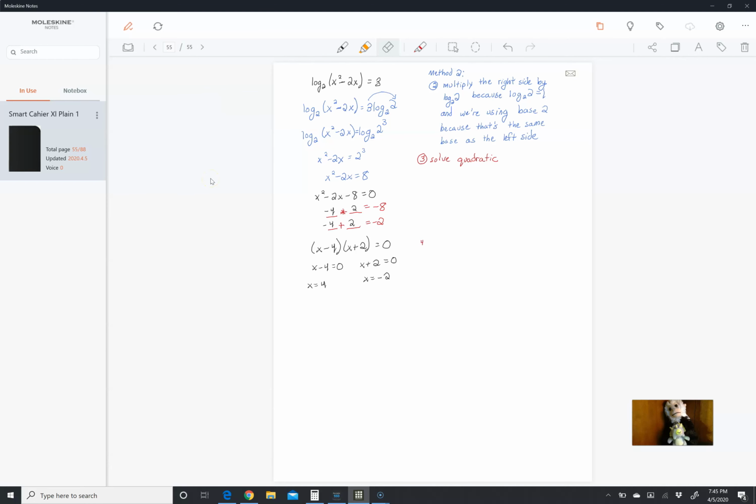So 4 is greater than 0. And 4 minus 2 is greater than 0. But -2 is not greater than 0. Okay, so this is extraneous. This one is not. This one is fine.